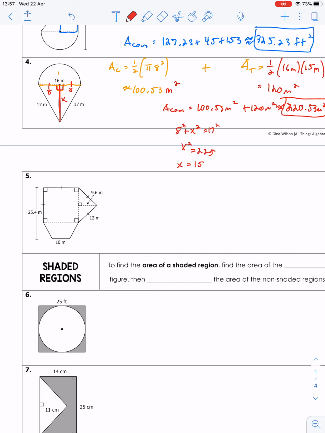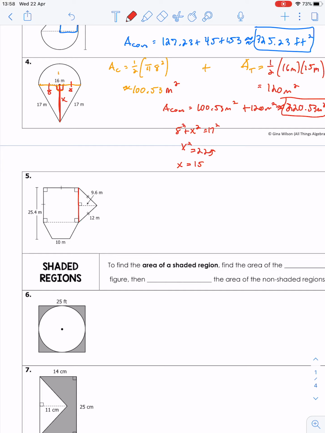We have a lot to break down here. Okay. So, what we could do is break these into 2 separate triangles, but since they gave us the height and we could figure out the base, we don't need to do that.